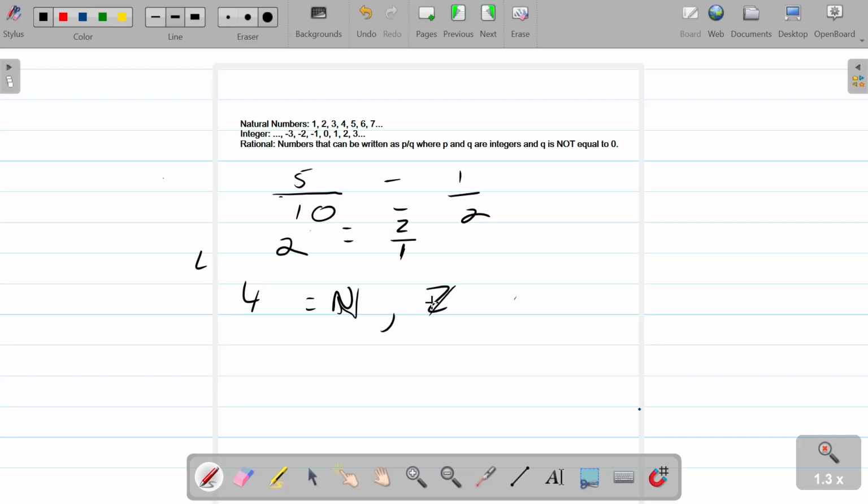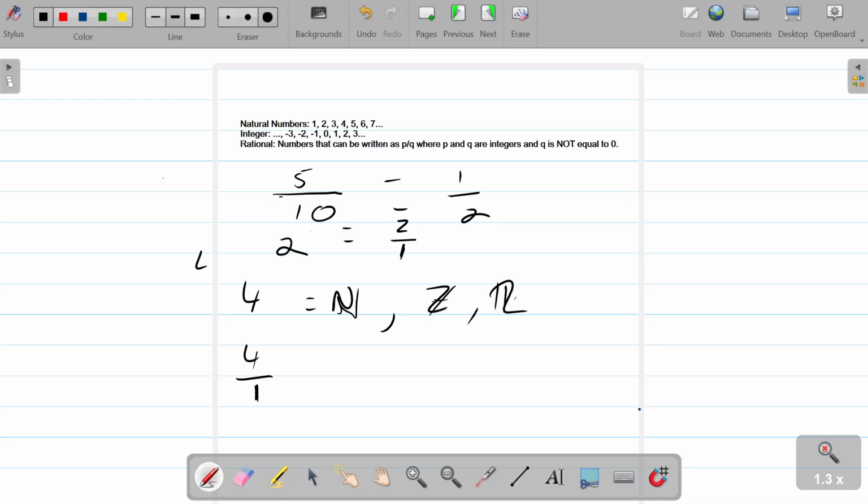And the number 4 can also be written as 4 over 1. We know that 4 over 1 is basically a number that has been written as something over something. In other words, P over Q, and 4 is an integer and 1 is an integer, and the denominator is not equal to 0. So clearly 4 is also going to be a rational number.